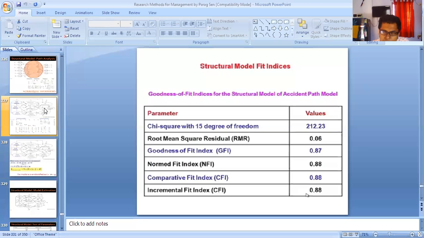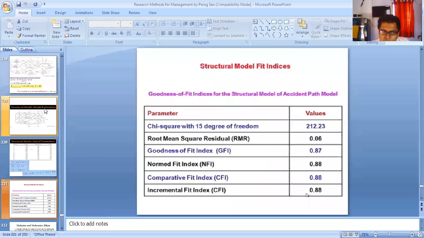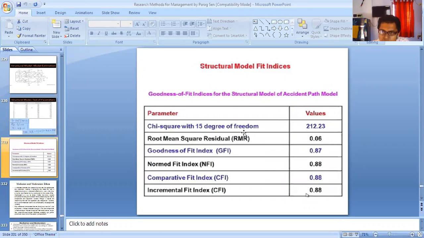We check the model identification, the parameters are estimated, and the fitness of the model is also checked. Finally we do one process which is called bootstrapping, but that we will discuss later.